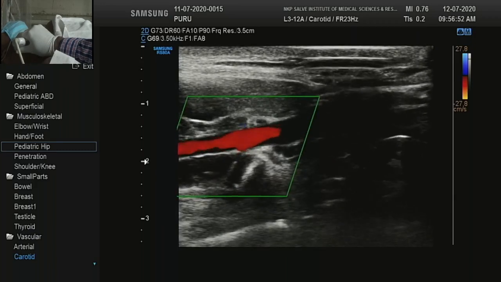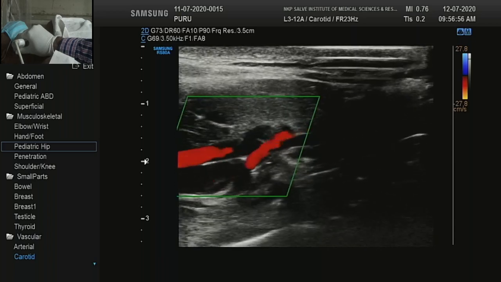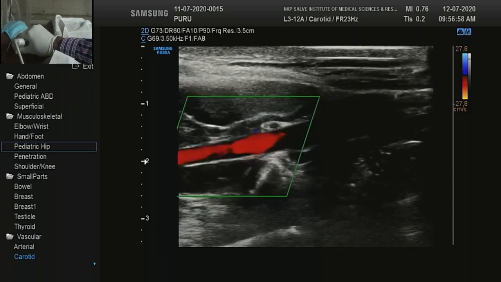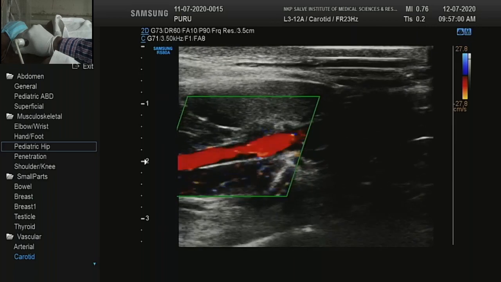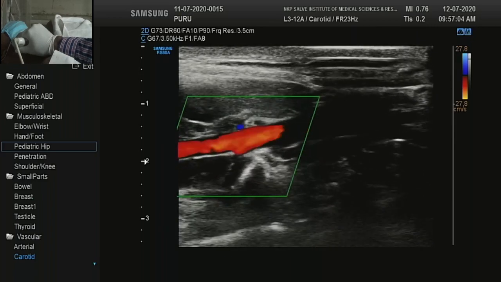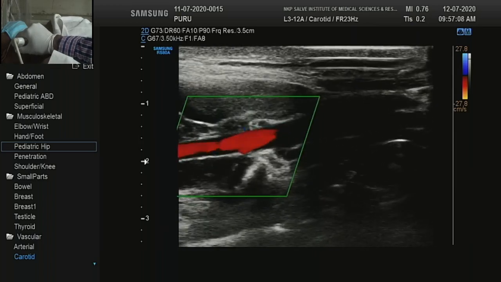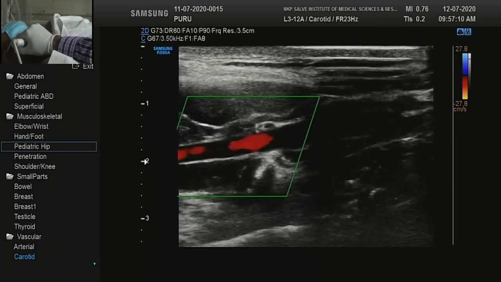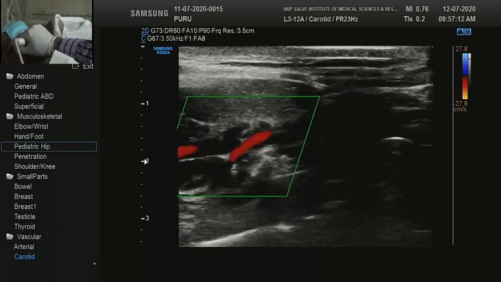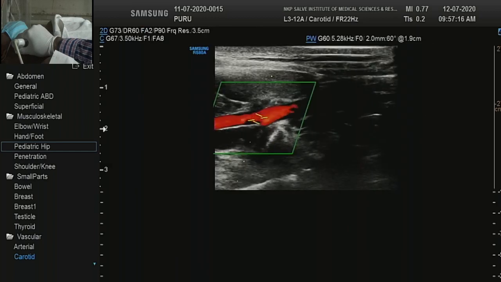Identifying external carotid is important because sometimes the occlusions of the internal carotid go unnoticed, and if the internal carotid is occluded, all the blood flows through the external carotid, and the external carotid diastolic flow increases.